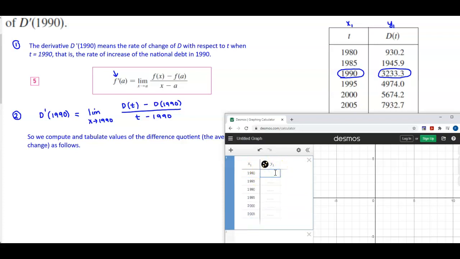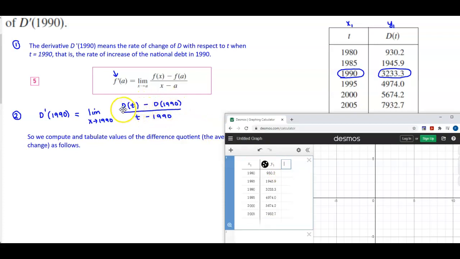And then for y1, we put in our values: 930.2, 1945.9, 3233.3, 4974.0, 5674.2, 7932.7.